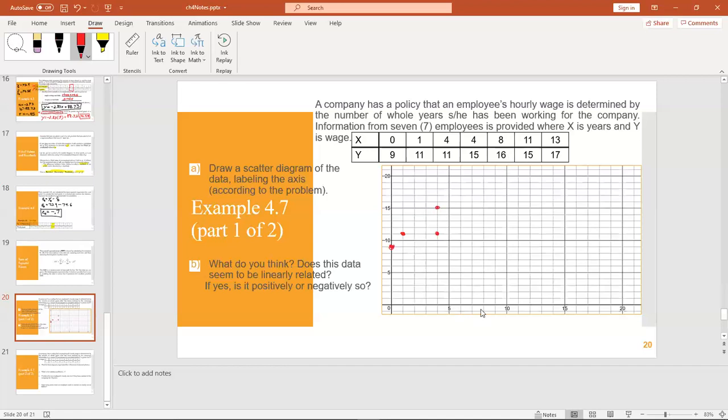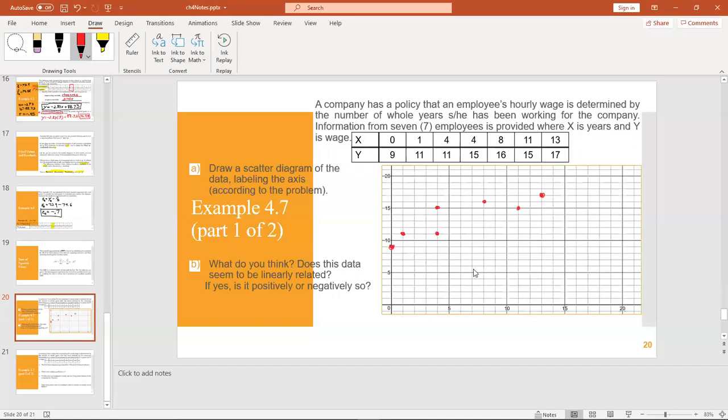We've got 8 and 16, so there's 8, and 16 is going to be right there. 11 and 15. Here's 11, go over to 15. And then we've got 13 and 17. Here's 10, 11, 12, 13. 13 and 17, so you get a point right about there.